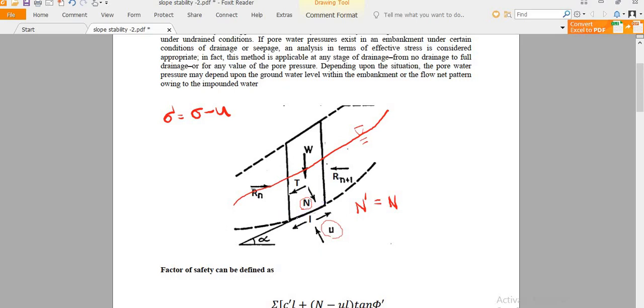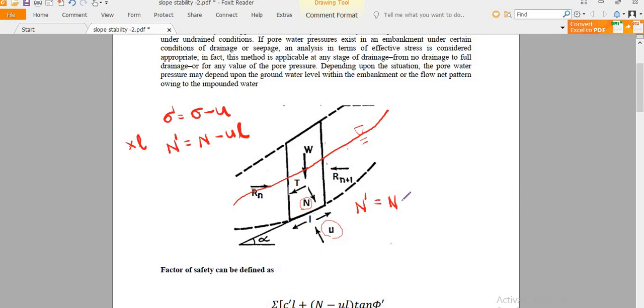Because we always consider a 2D image with 1 meter or 1 unit length into the canvas. So if you multiply this by L, sigma dash becomes the force N dash, and this becomes N, and U should be multiplied by L.